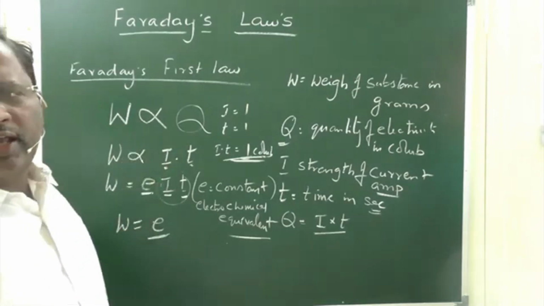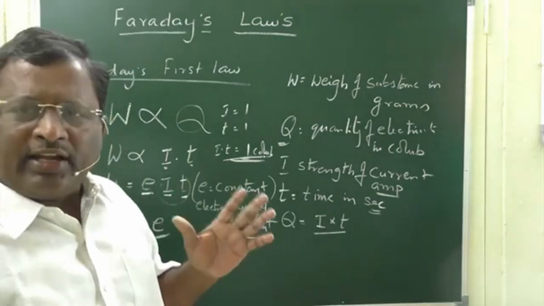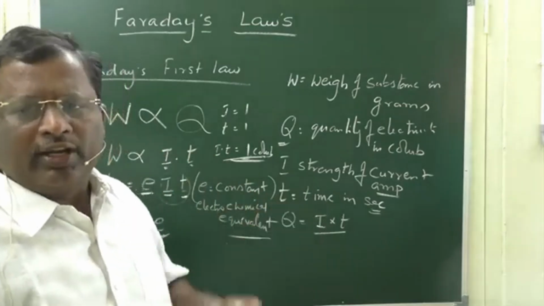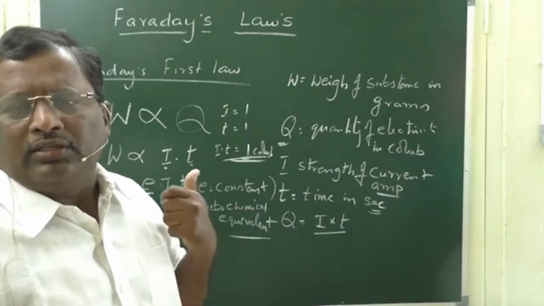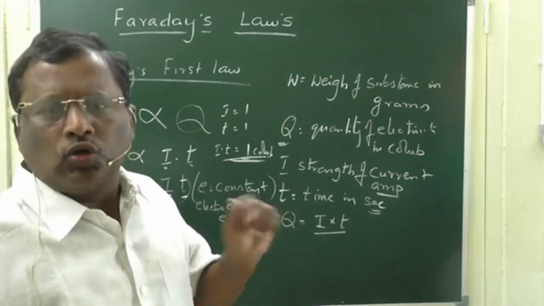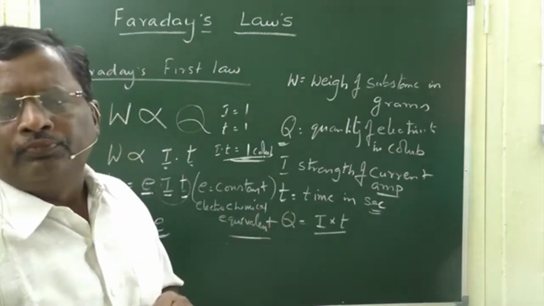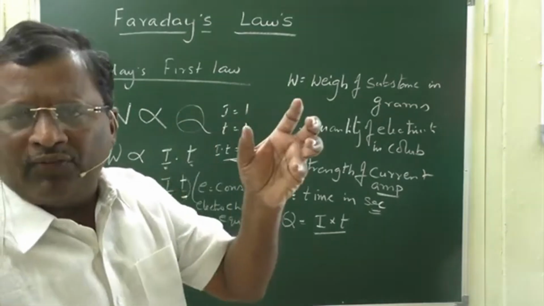Now, the electrochemical equivalent e can be defined as the quantity of any substance, whatever it may be, that is liberated, dissolved or discharged in an electrolysis at an electrode for 1 coulomb of electricity.